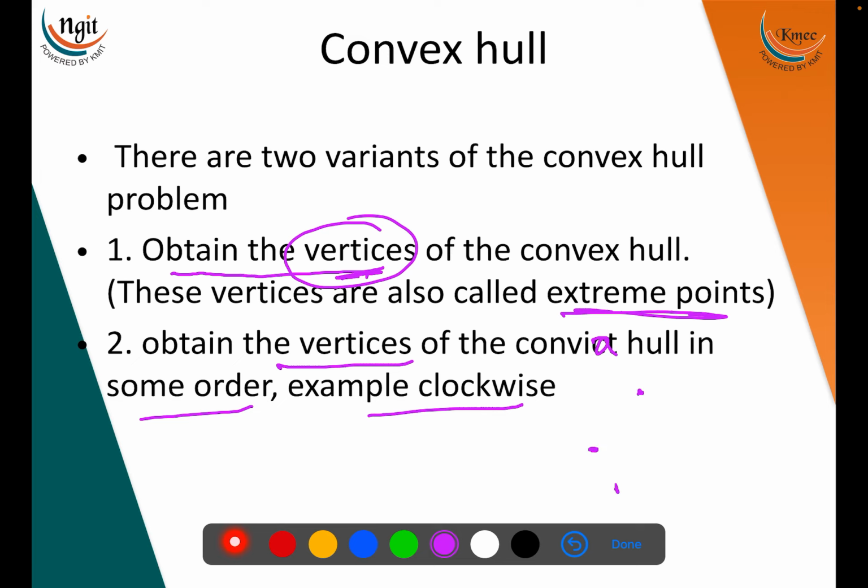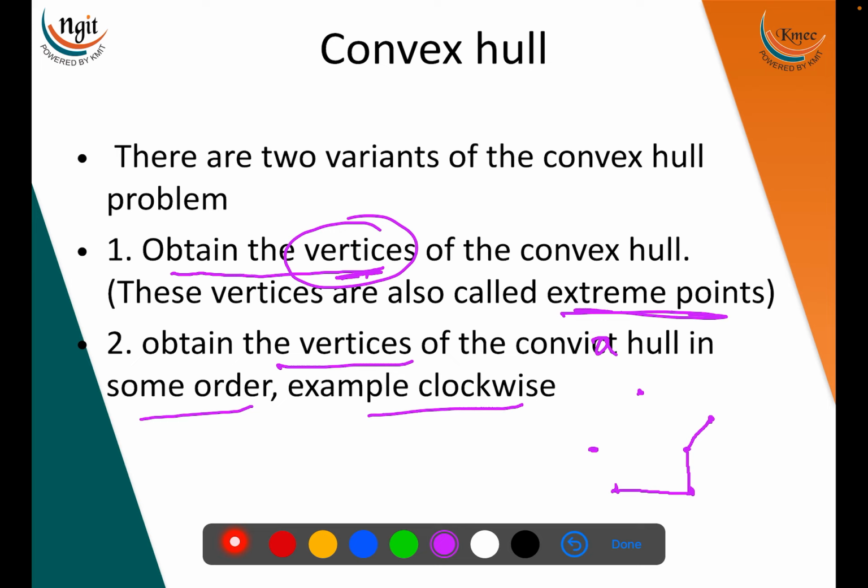Now let's understand with this example. There are algorithms to find the solution for the convex hull, but I wanted to give you the outline for these two things that I have given in the PPT. If I want to draw a line segment from this to this, to join this point, I have to turn to the right side, right? So I have to calculate the angle from this point to this point.